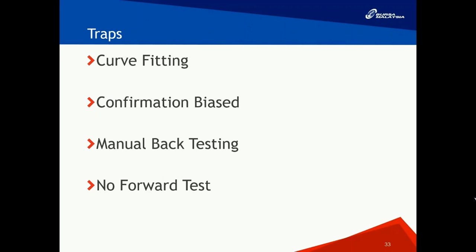If you do manual testing, you will be subject to a lot of confirmation bias and curve fitting, and there's no forward testing. What is forward testing? In the old days, forward testing meant doing a paper test.